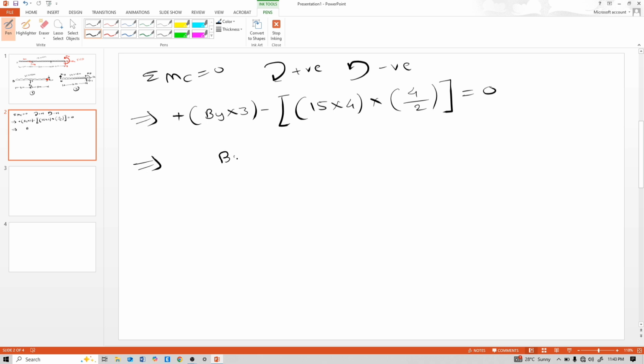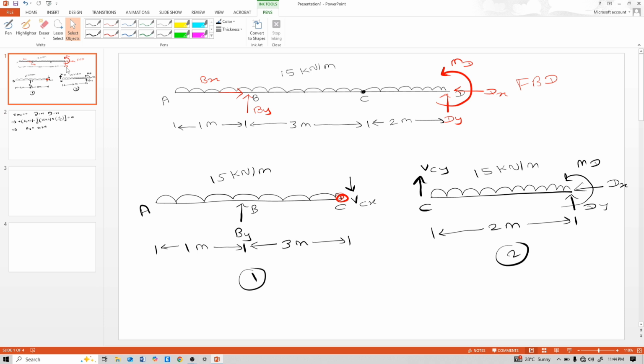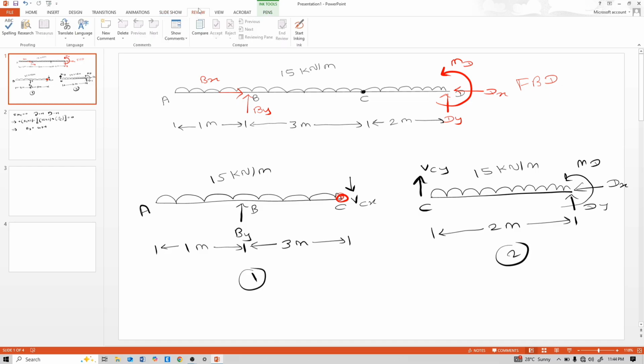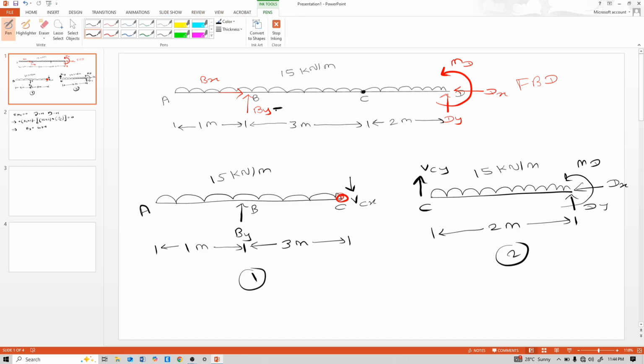So this By is equal to 40 kilonewton. So this By is 40 kilonewton.